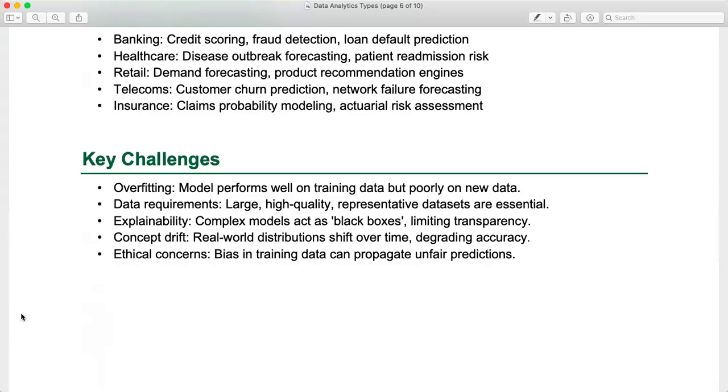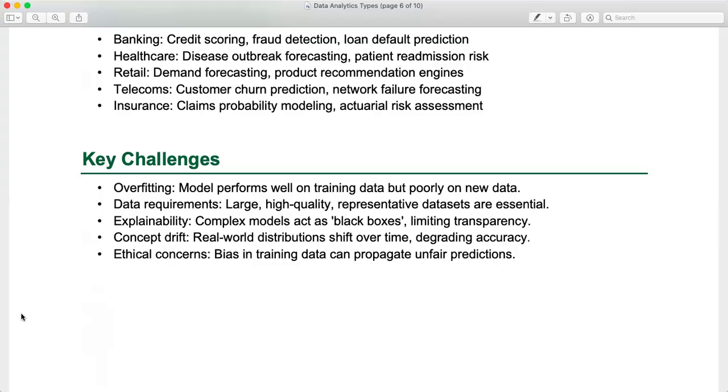Then there is the requirement of data itself, that we must have a very good data set with large volume and high quality of data. And then explainability of the models and the results derived from the model is also a big problem.